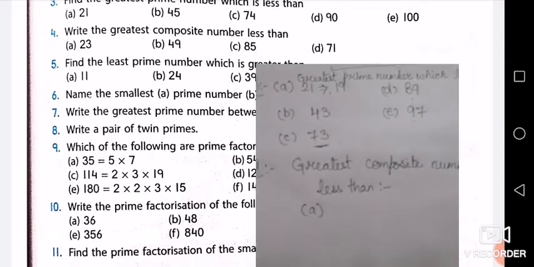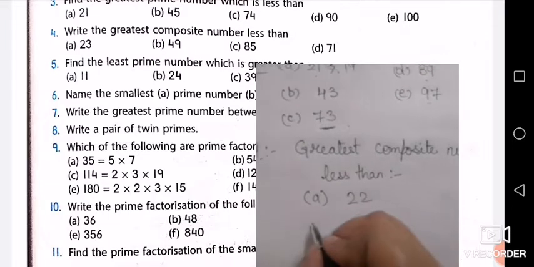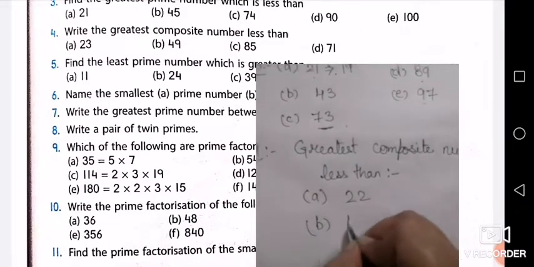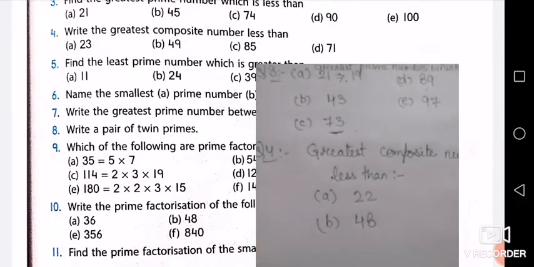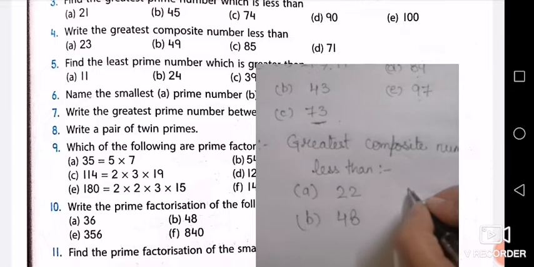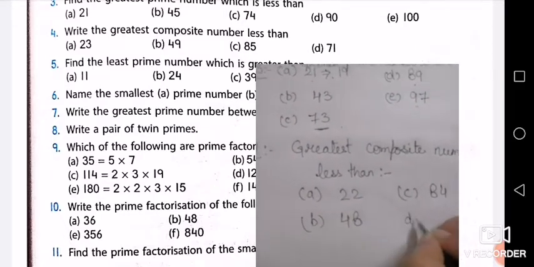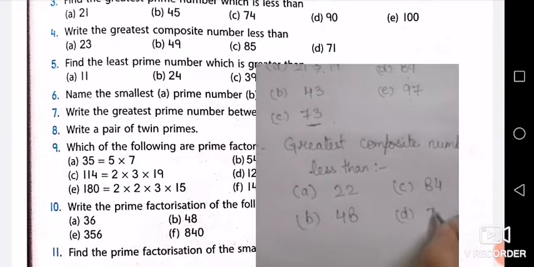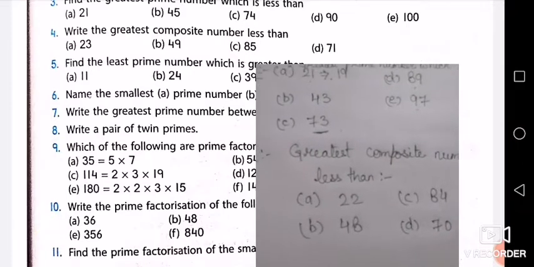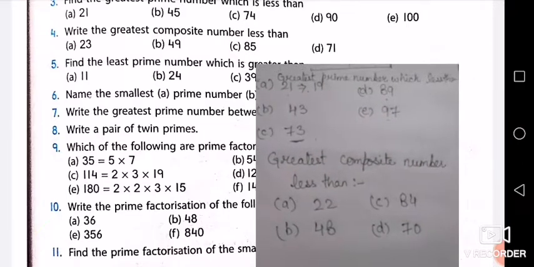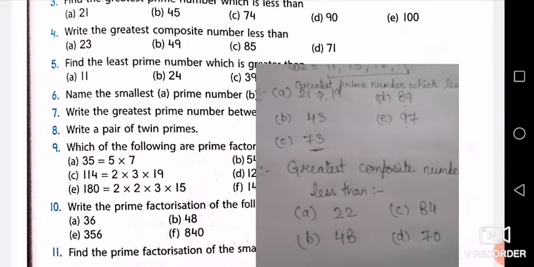Greatest composite number which is less than 23? Yes, it's 22. Now 49? Correct, that is 48. You have to see just before that number. C part 85. Correct, 84. Then D part 71. Yes, very good. That is 70. Quite easy also. If proper understanding will be there, then only you can do all these sums quickly.